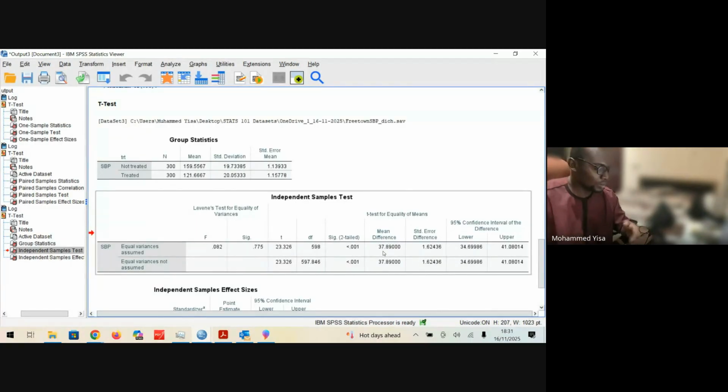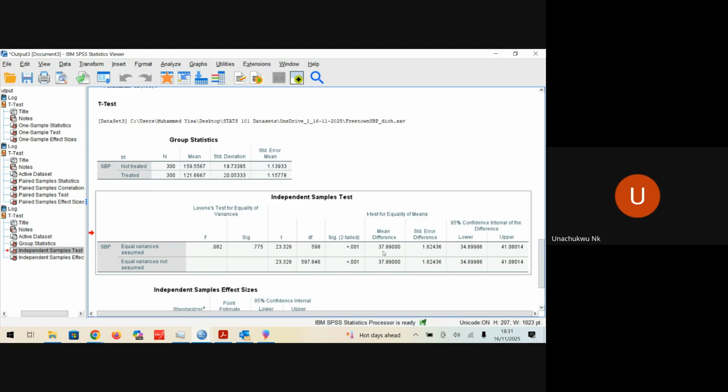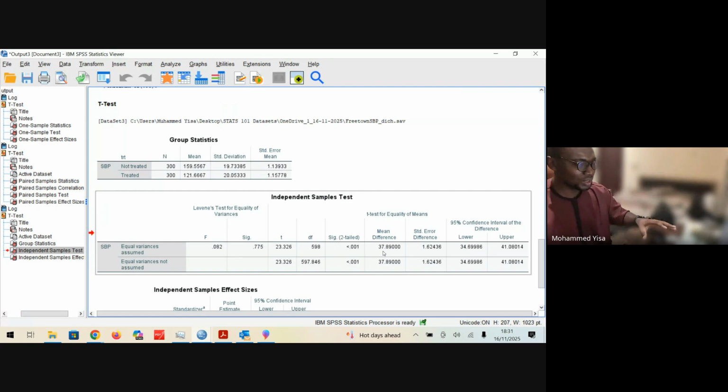And mind you, during our study design, we have already made sure that the group who are treated and the group who are not treated are as similar as possible, because we took a random sample, we did randomization, we did masking, we did not allow people to select their friends to the treatment group while putting their enemies in the non-treated group. So if everything in the study design is good, then your intervention has brought about this amount of drop in systolic blood pressure.